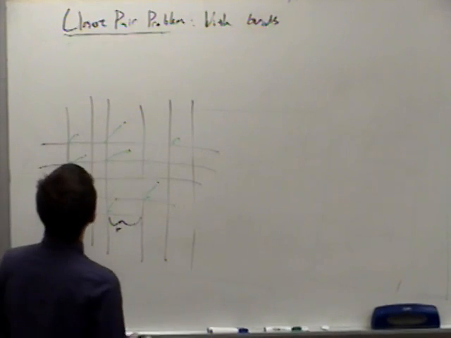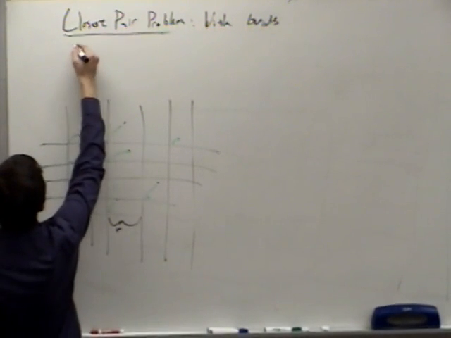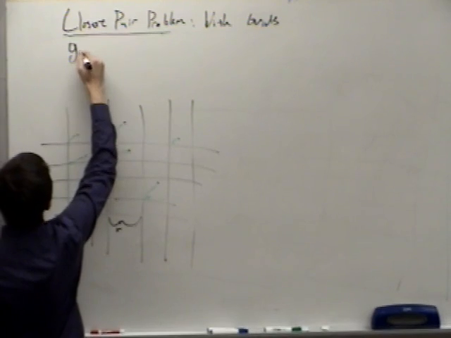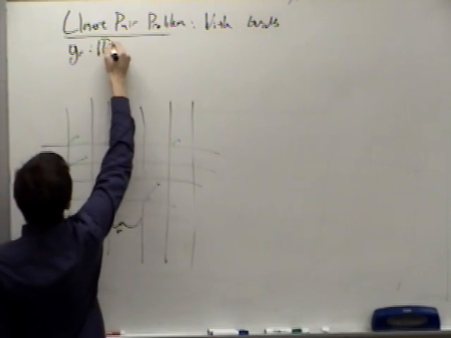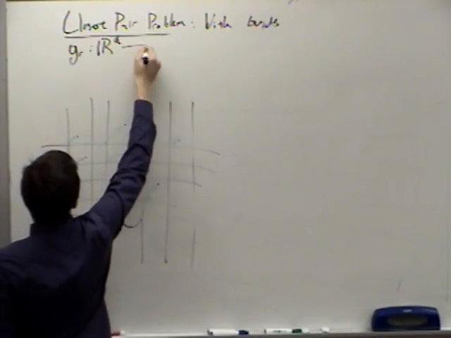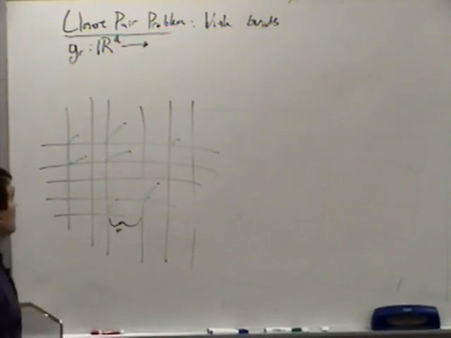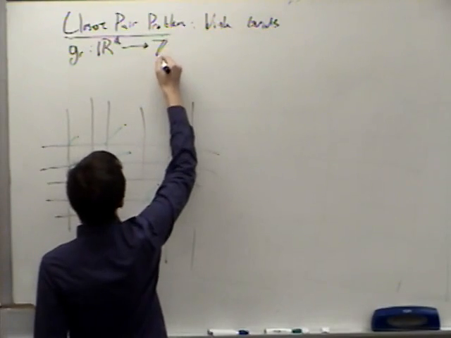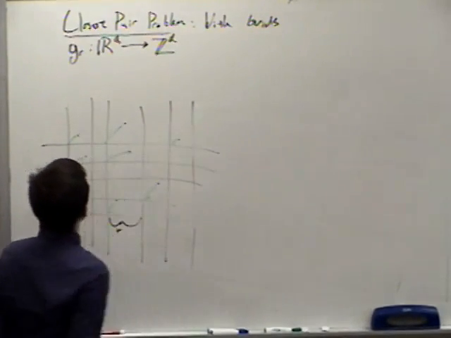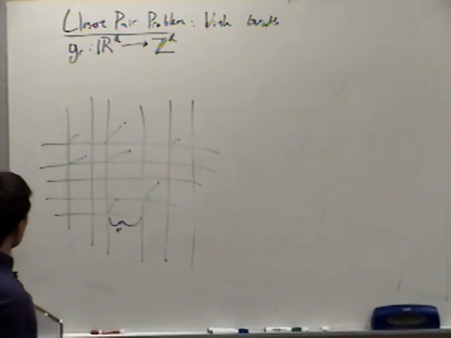And so our rounding map here, we're going to call this thing g sub r, which will take a point in the real space here, which would be like our ordinary coordinate system where our points live, and then we're going to just snap them down to this grid Z^d.